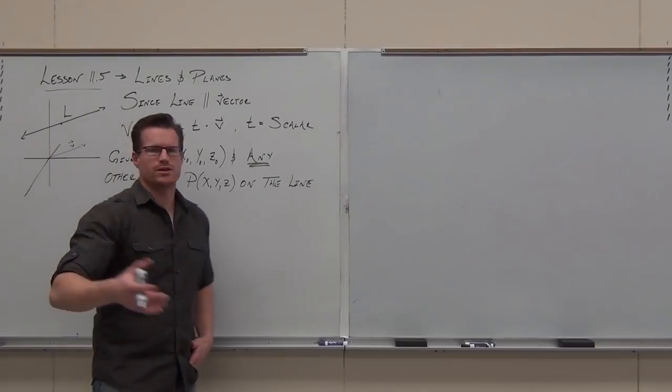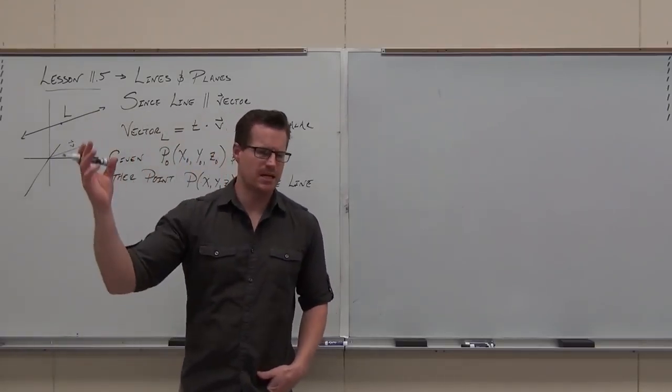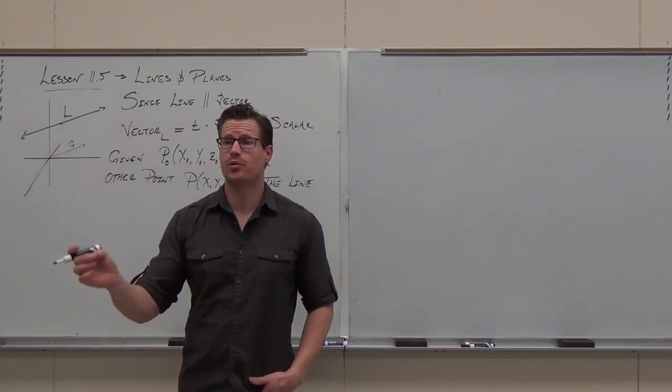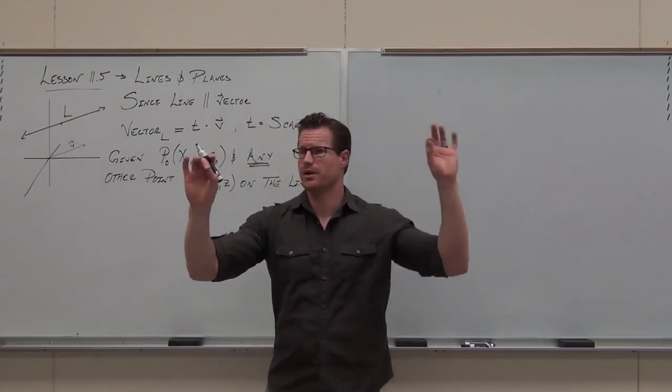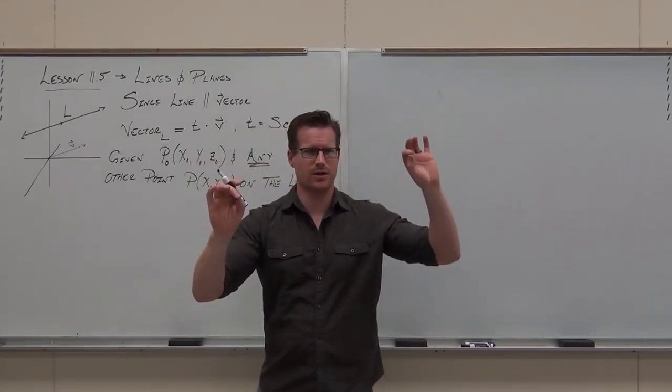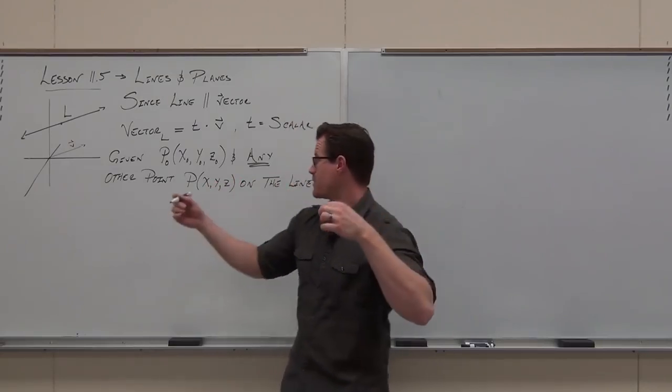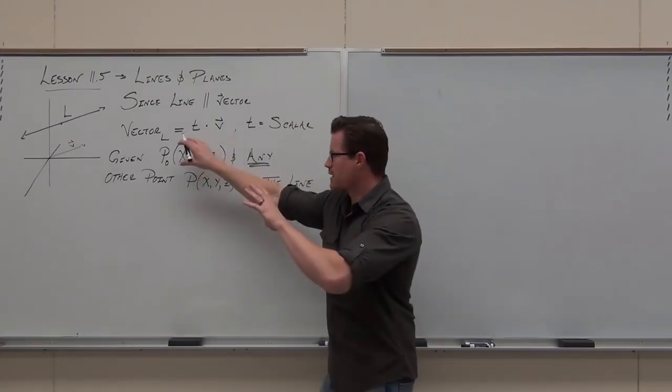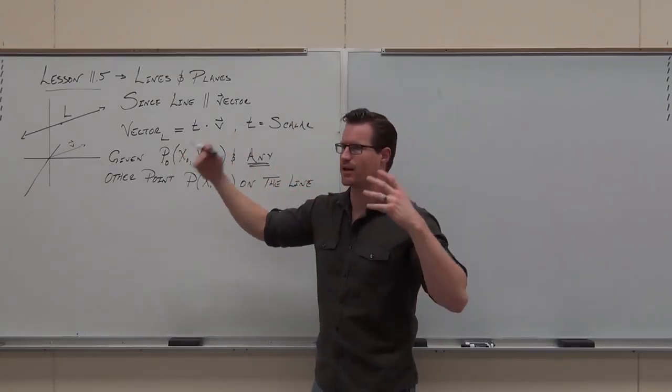So if I give us a specified point 3, 1, 2, and any other point x, y, z, we're letting that float, but it's any point on that line. Do you guys understand what I'm talking about? Where we're going to get our variable is from this x, y, z. So I have a point on the line, and any other point, it just has to be on the line. I don't care what it is.